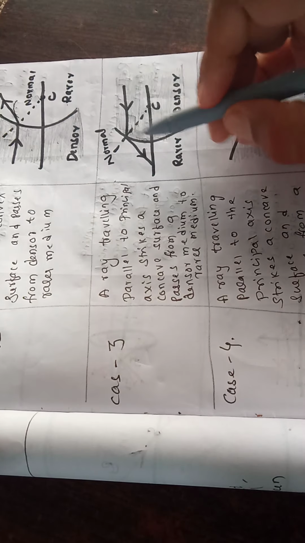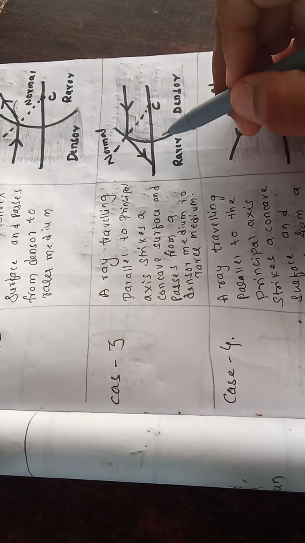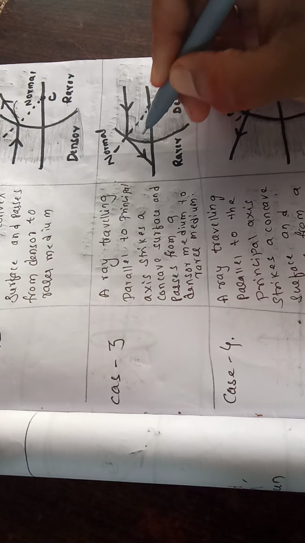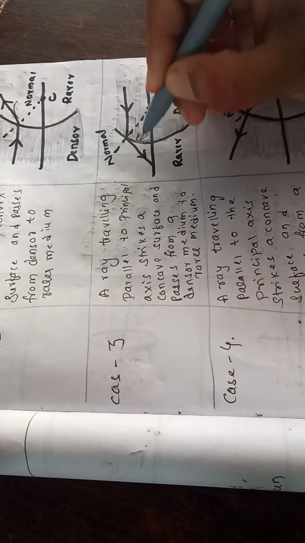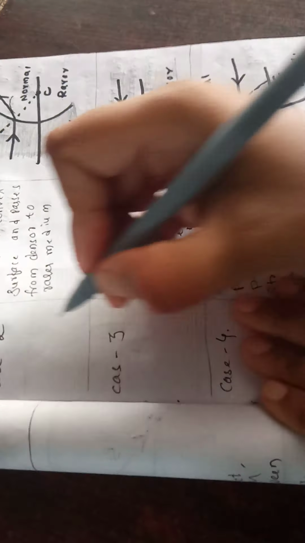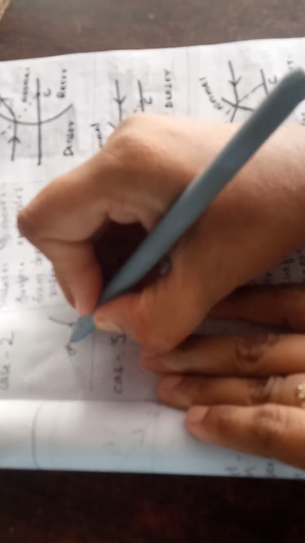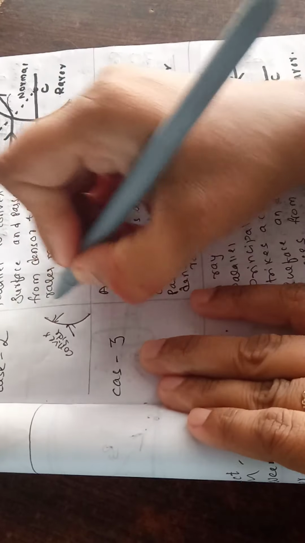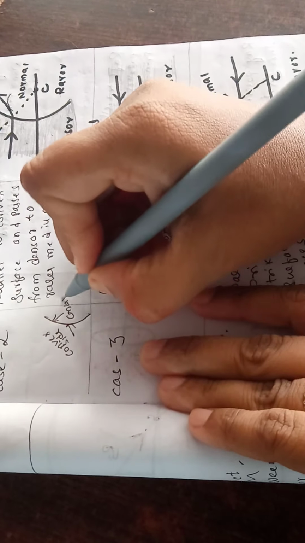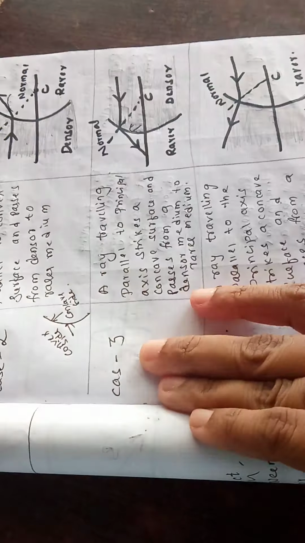Now next, case 3. A ray travelling parallel to the principal axis strikes the concave surface. This side is the convex side, and this we call the concave side, right?